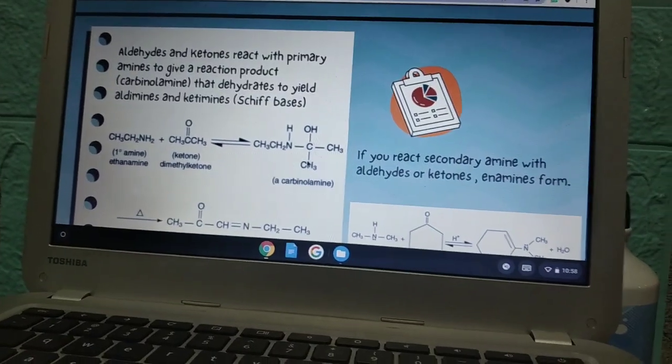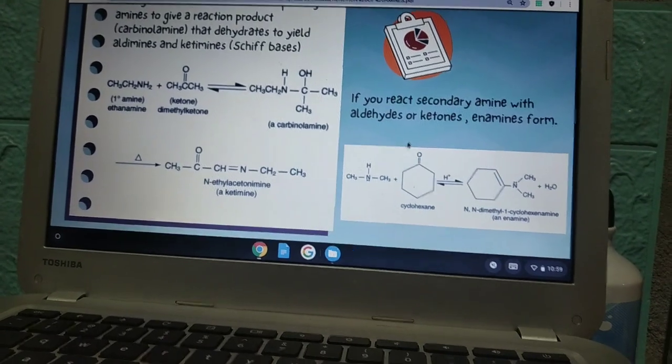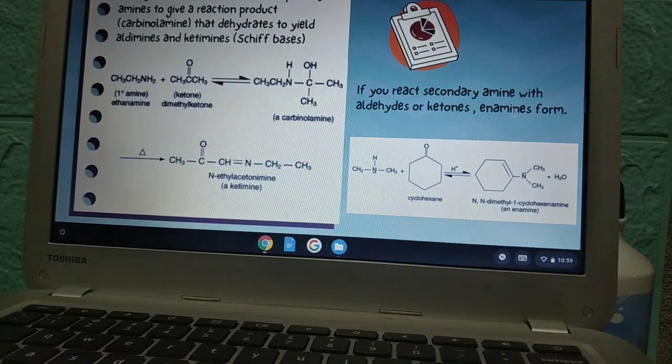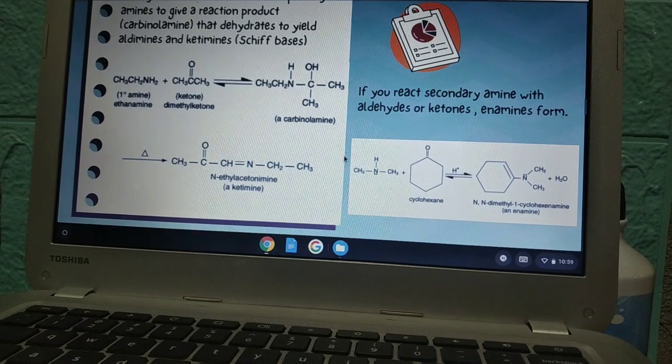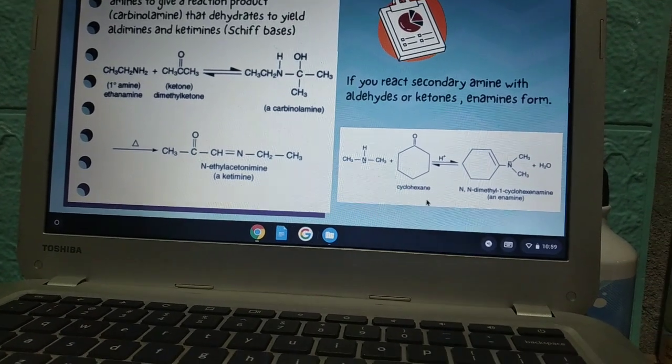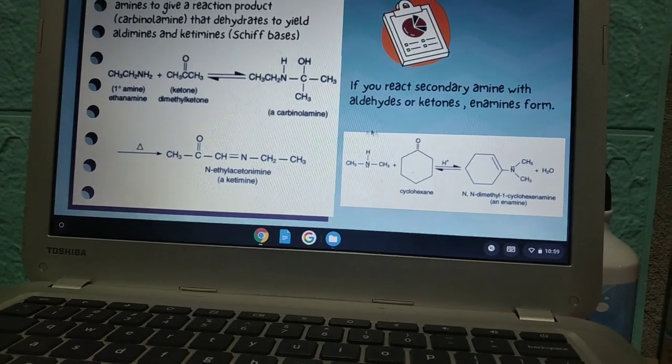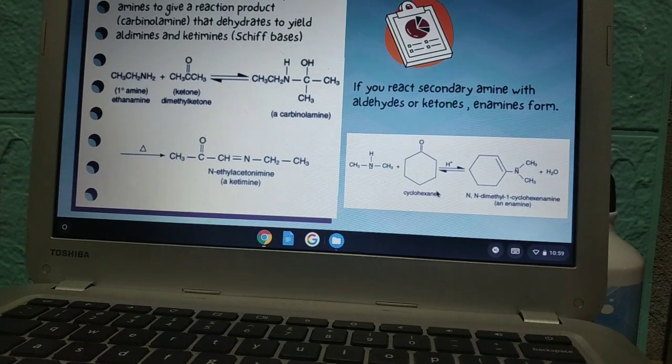If you react a secondary amine with aldehydes or ketones, enamines form, so the amine reacts to give, for example, a cyclohexene enamine.